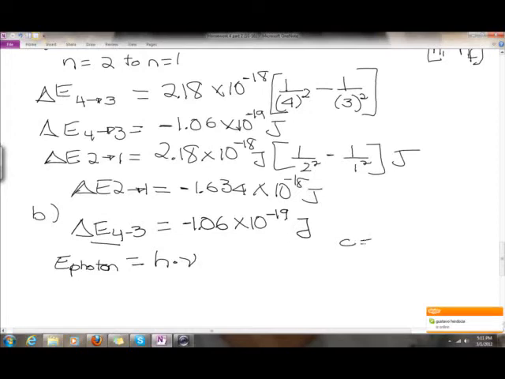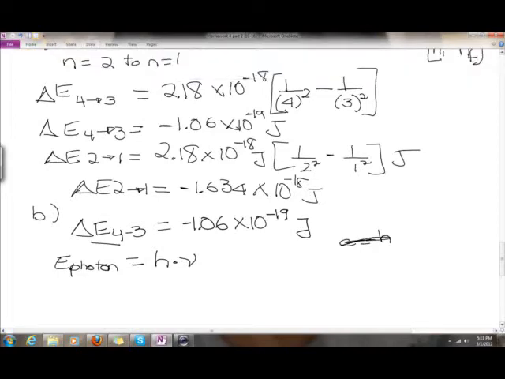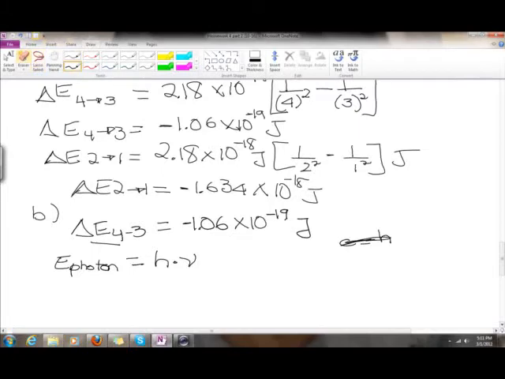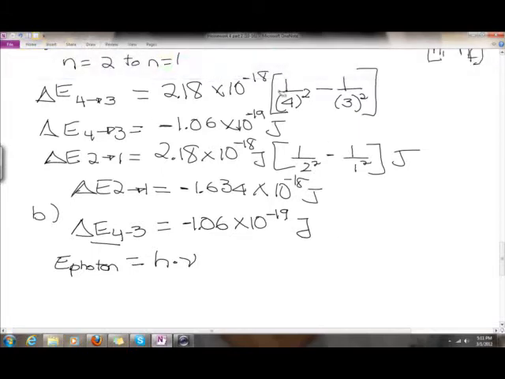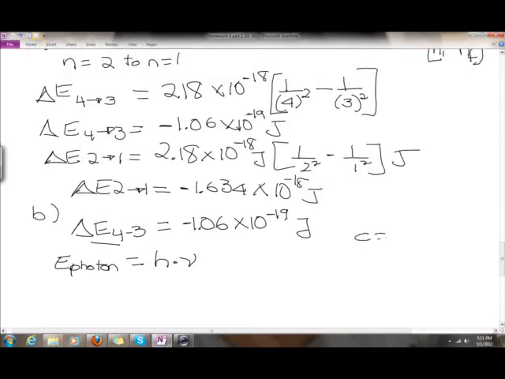And if we plug in the wavelength directly, frequency would be equal to the speed of light divided by wavelength.